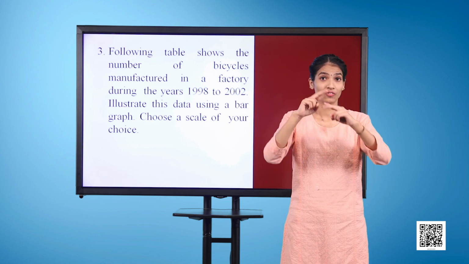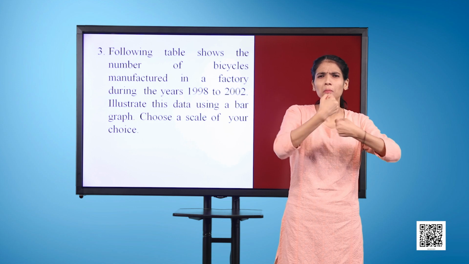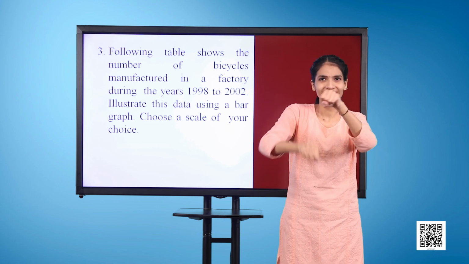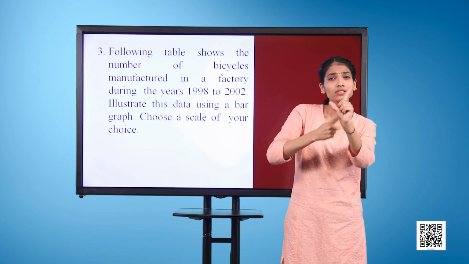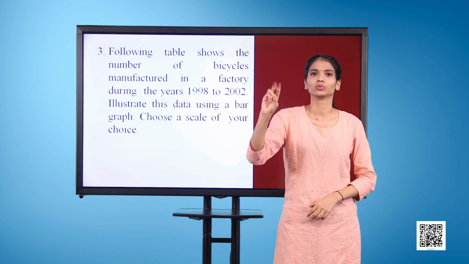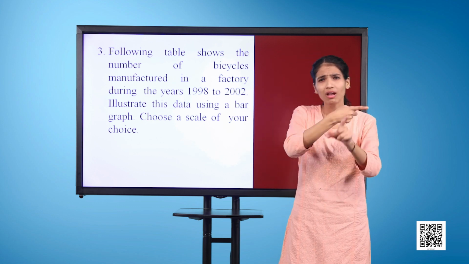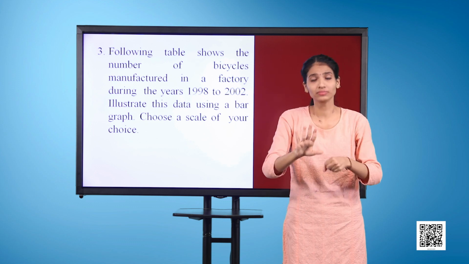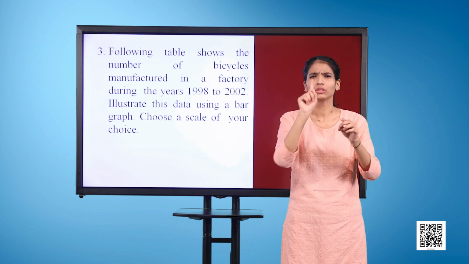Three. Following table shows the number of bicycles manufactured in a factory during the years 1998 to 2002. Illustrate this data using a bar graph. Choose a scale of your choice.